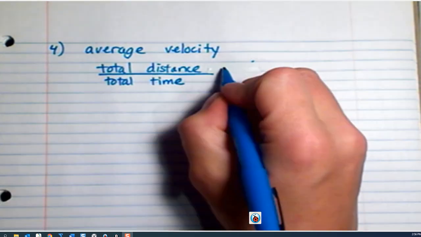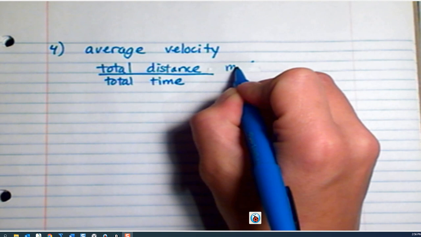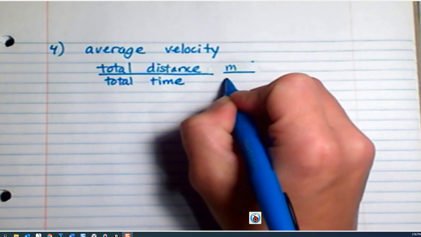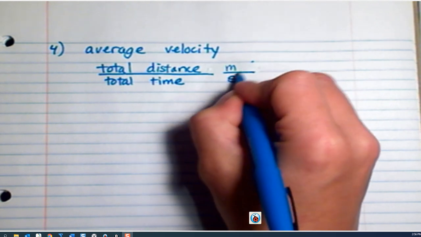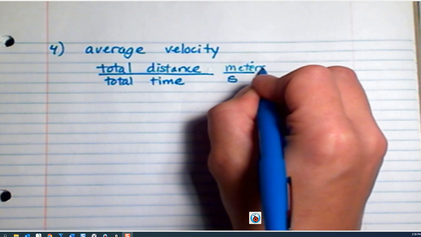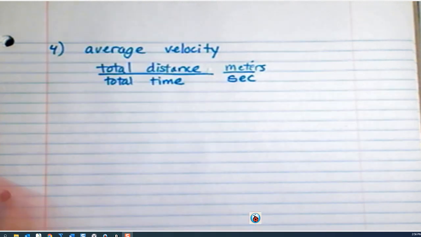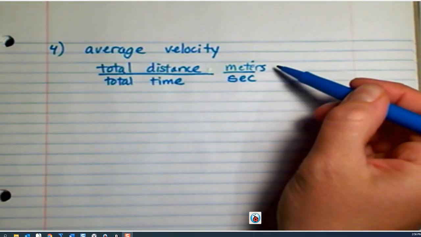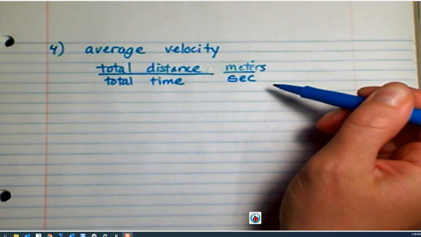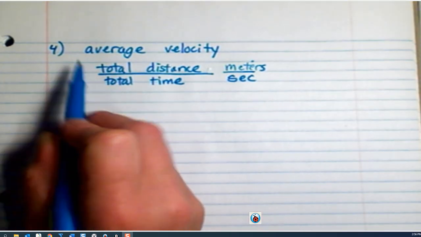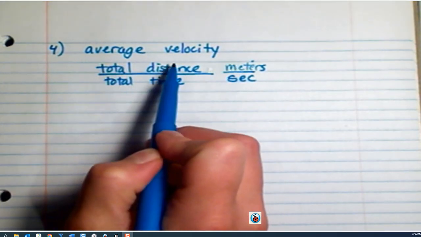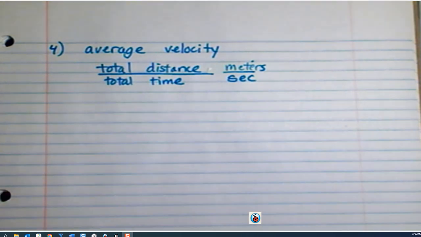Okay, look at your units. This would be, let's say, meters or miles. And this could be seconds. So we'll say meters per second. Notice the units. It's a distance unit over a time unit. Right? Here, we're looking at the total distance divided by the total time.